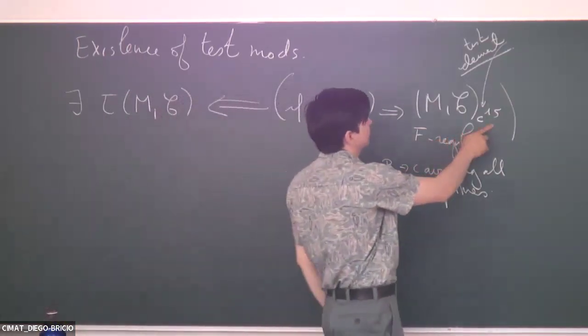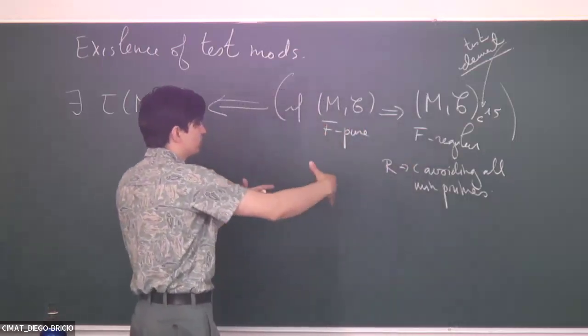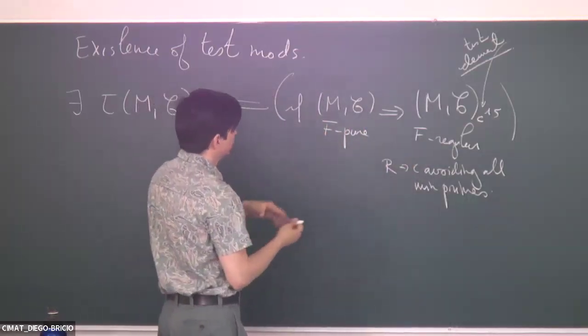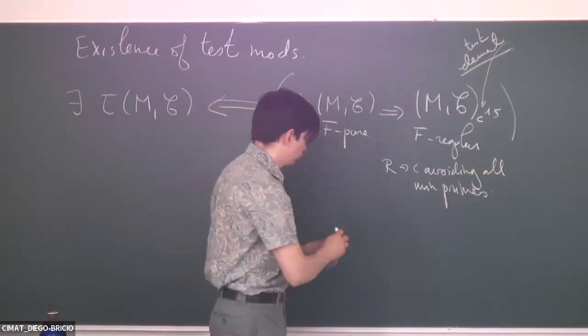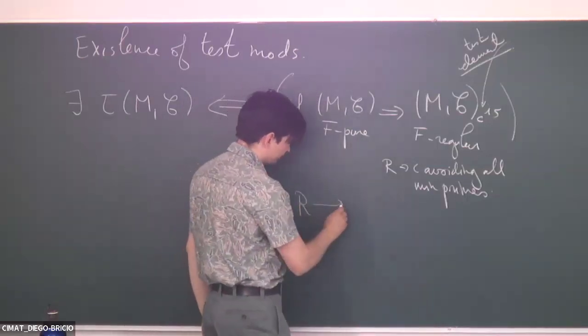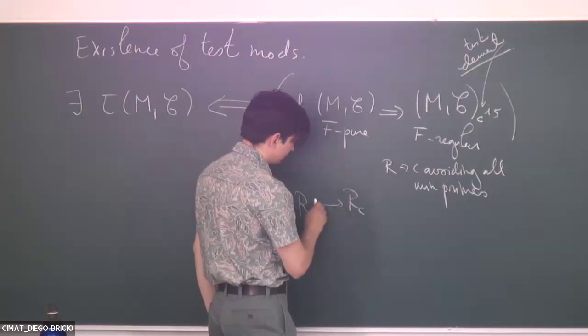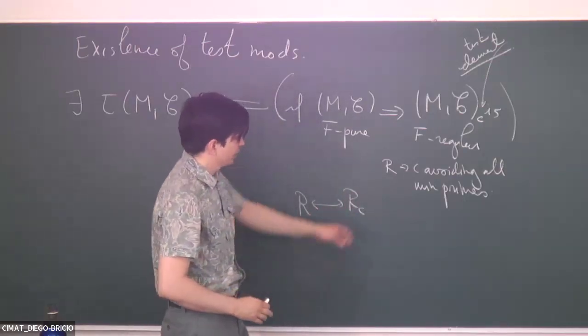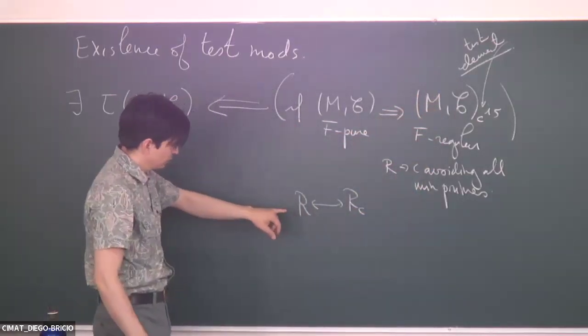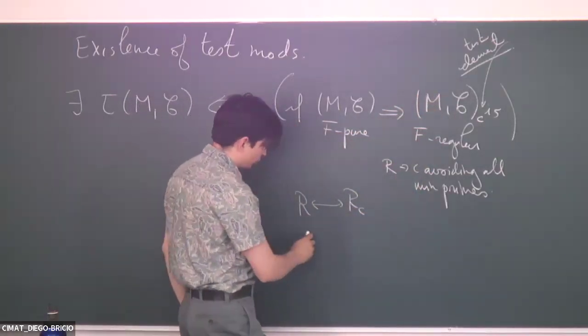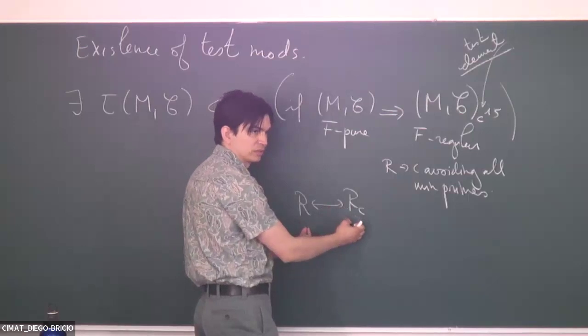So, in what I wrote, we use a localization, right? So you're looking at a neighborhood of generic points. So this means that you can always shrink R. You can always replace R by R localized at C. And you see the geometric intuition. Why does this mean shrinking?